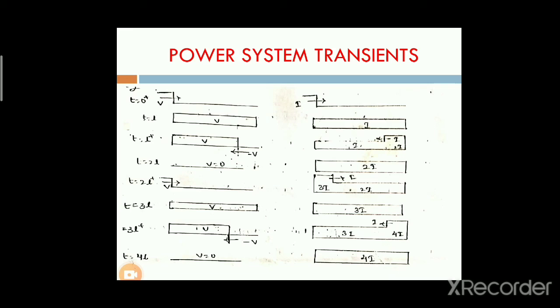After each reflection at either end, the current builds up by a increment of V by Z, which is equal to I.